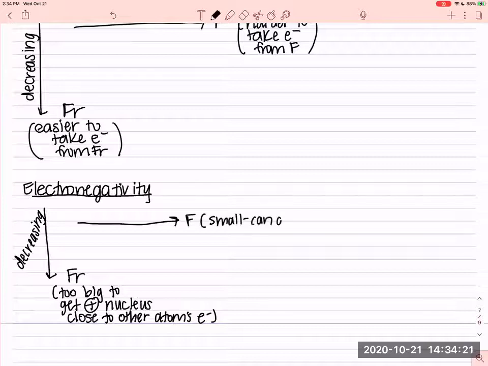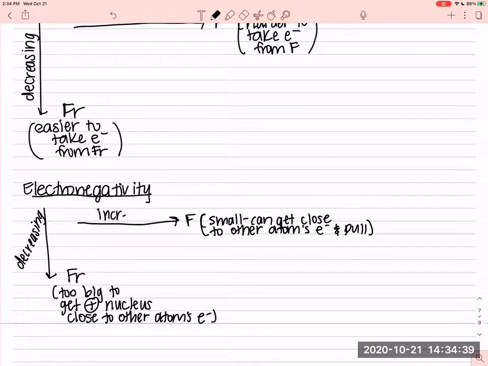So it can get close to other atoms' electrons and pull them. And again, it's that nucleus that's really getting in there. So we have increasing going towards fluorine and decreasing going down towards francium.